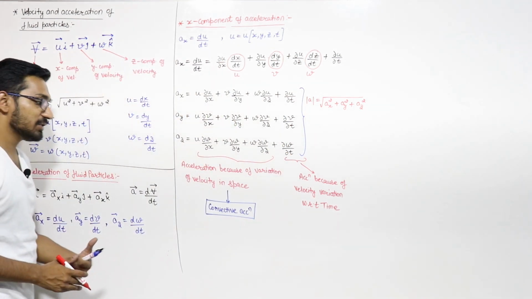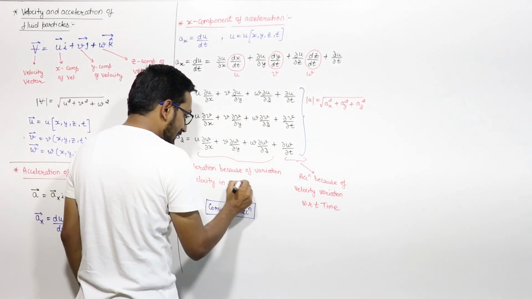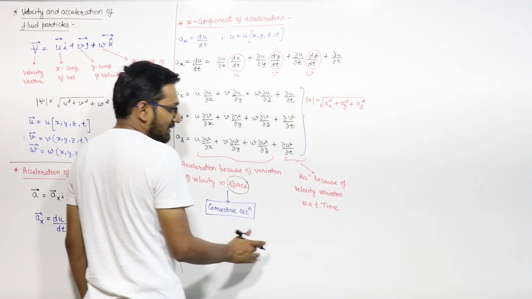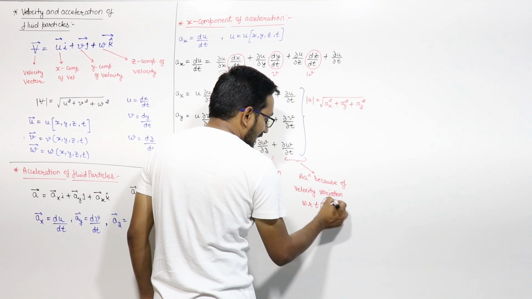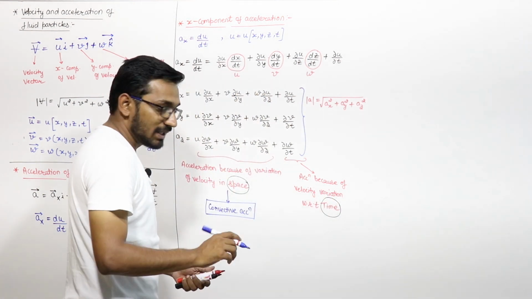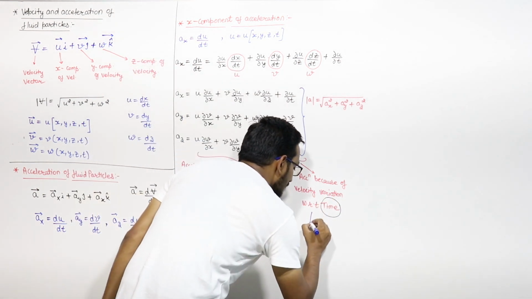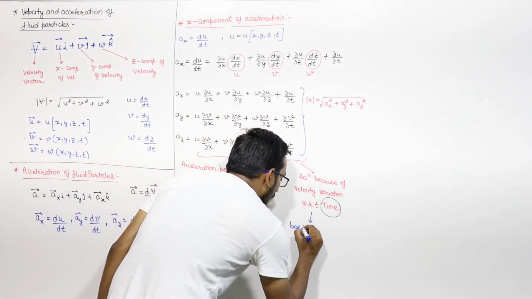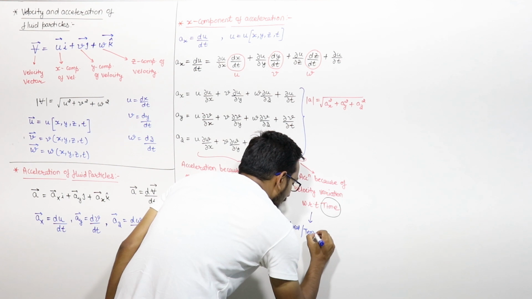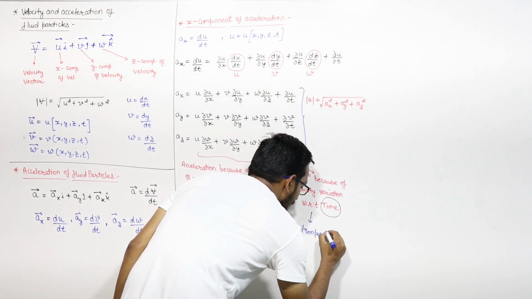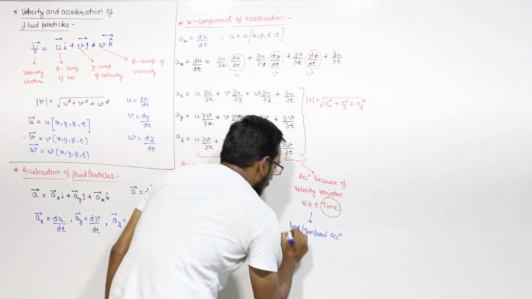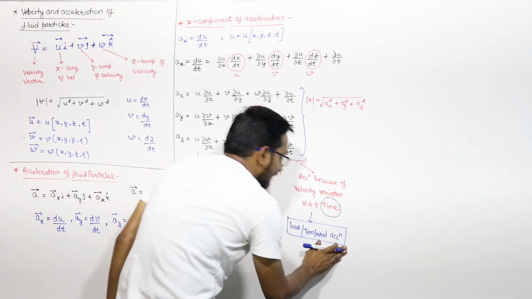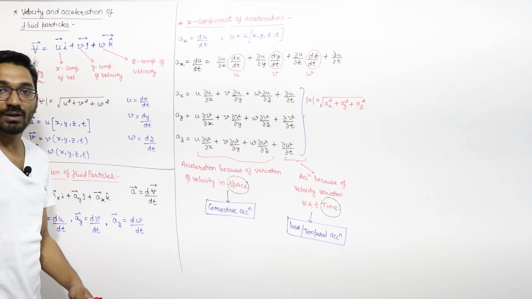Velocity may vary with respect to space. Then the acceleration that comes is convective acceleration. And velocity may vary with respect to time. Then the acceleration which comes with respect to time is known as local or temporal acceleration.